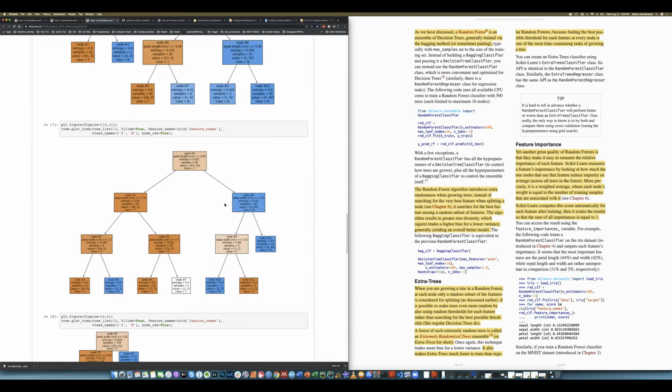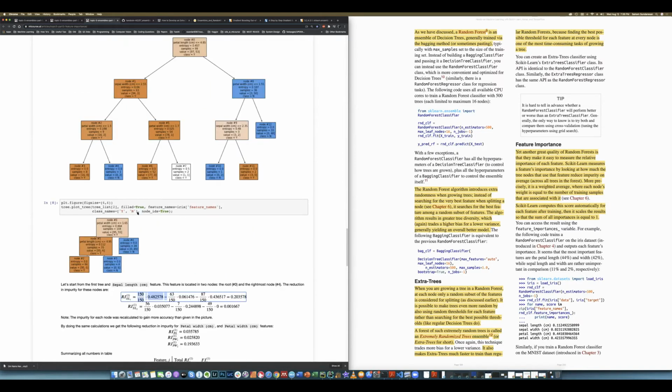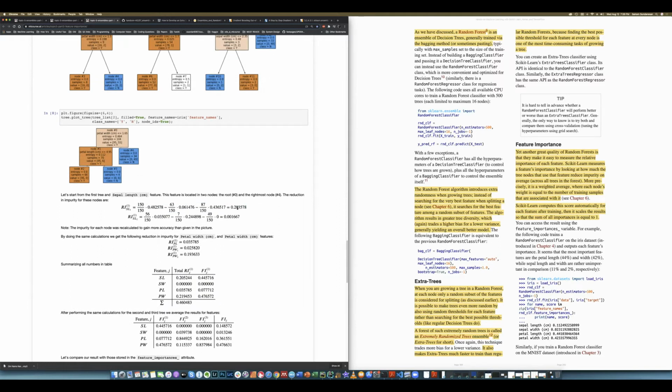The two values correspond to those. When you sum them up, 0.20 plus 0.0016, you get the total score for sepal length.